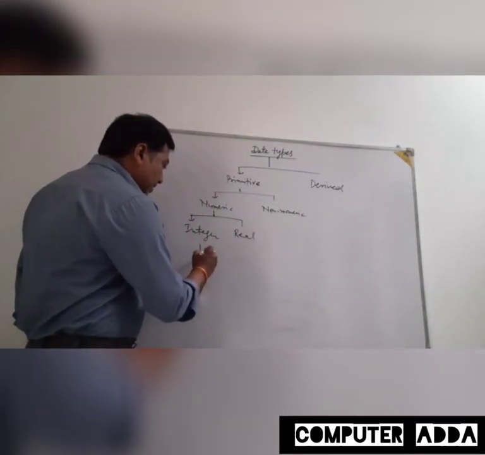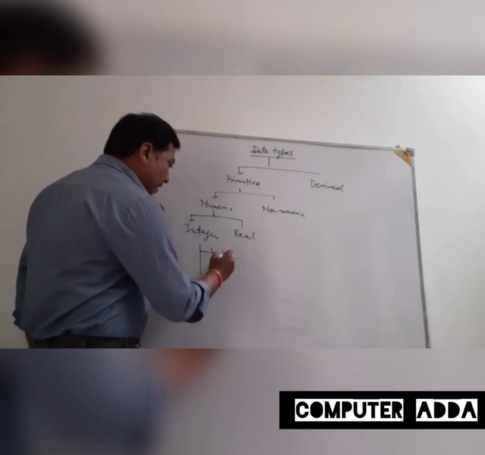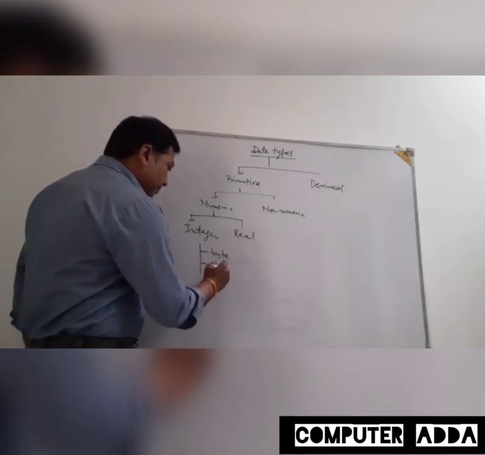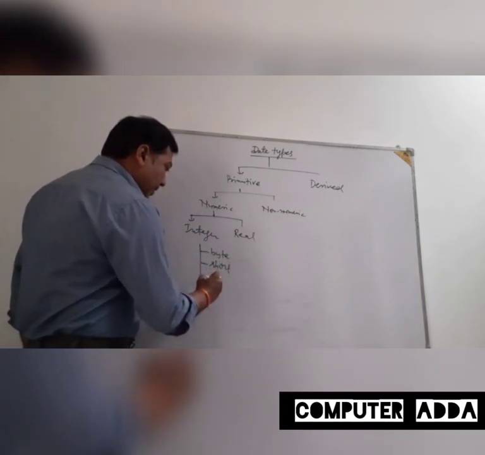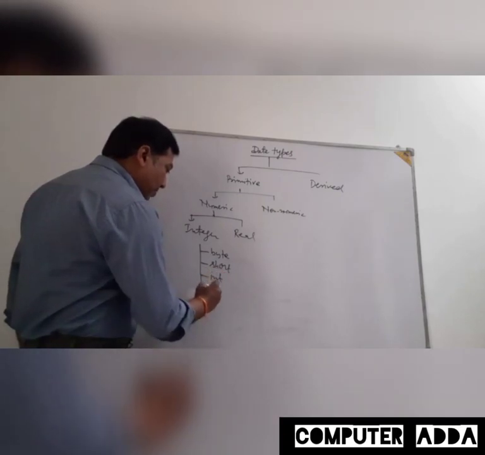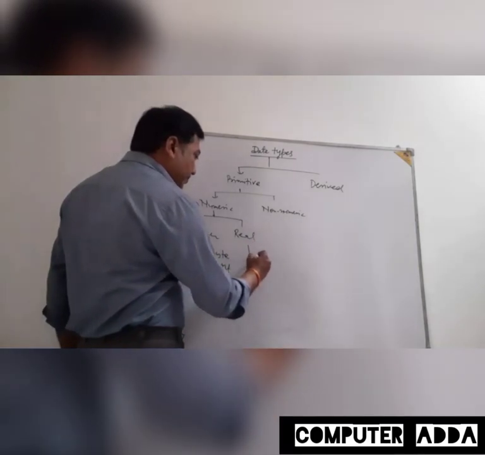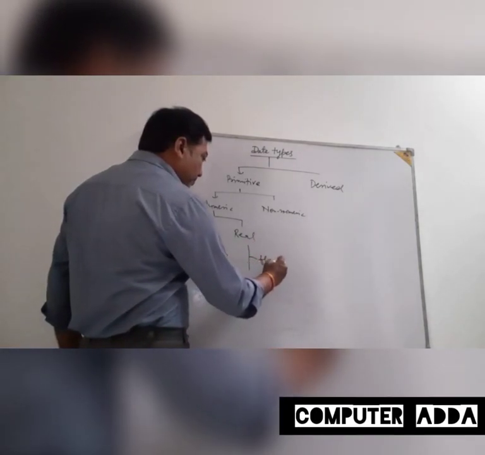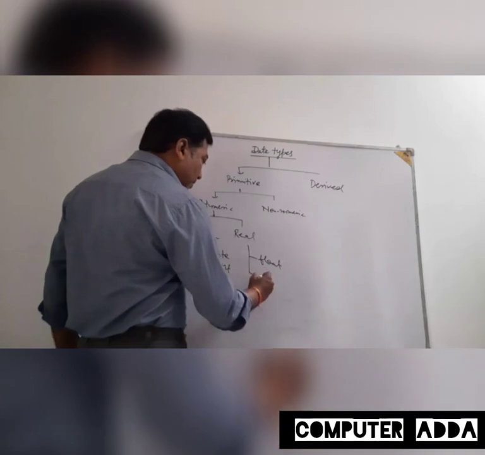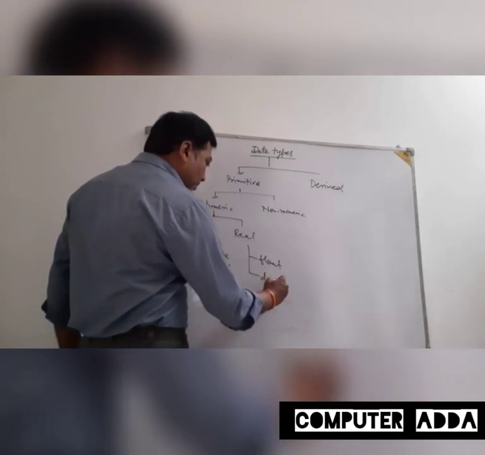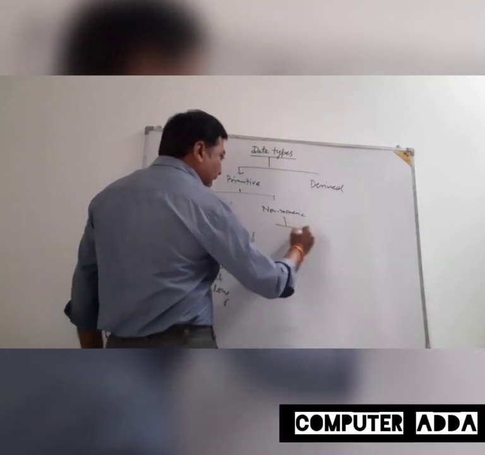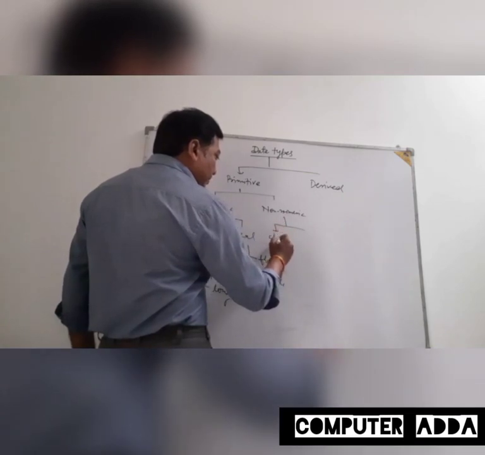In integer, we have a total of 4 data types: byte, short, int and long. In real, we have float and double. In non-numeric, we have character and boolean.